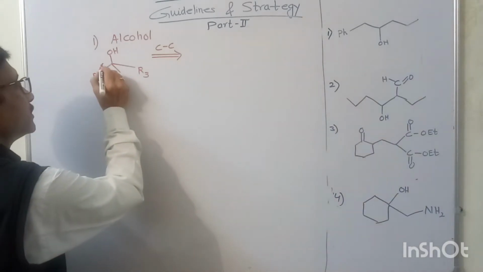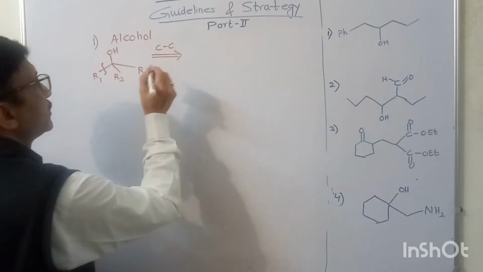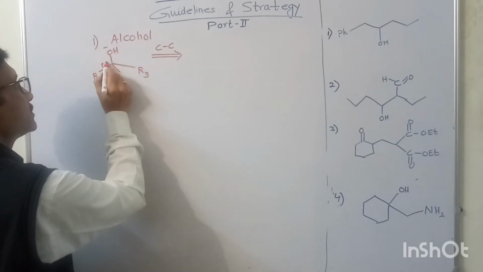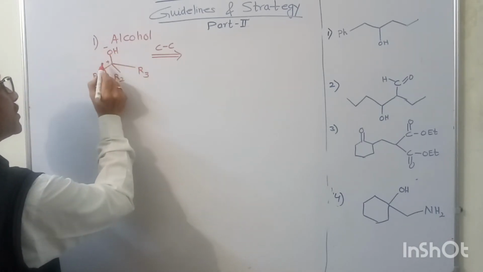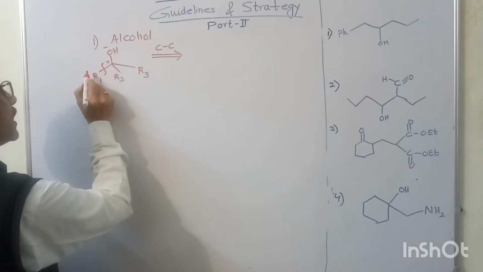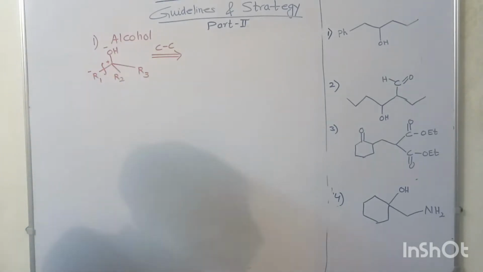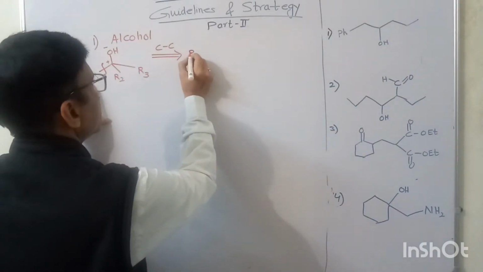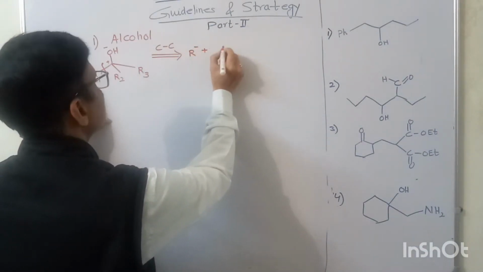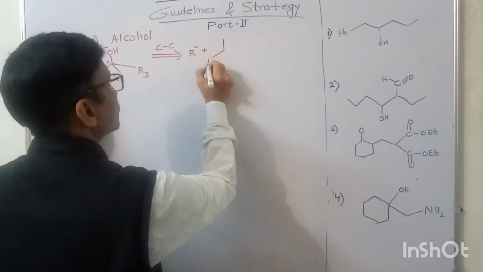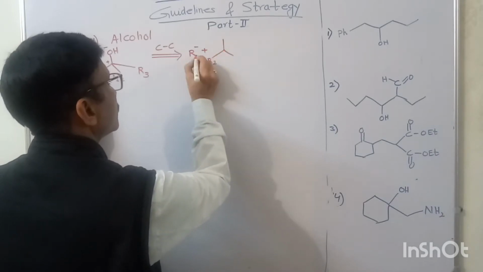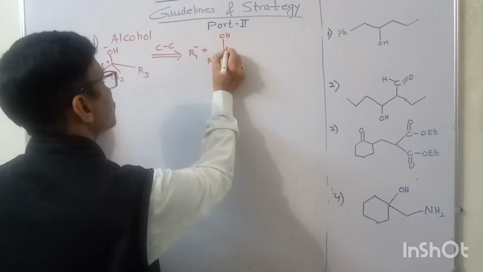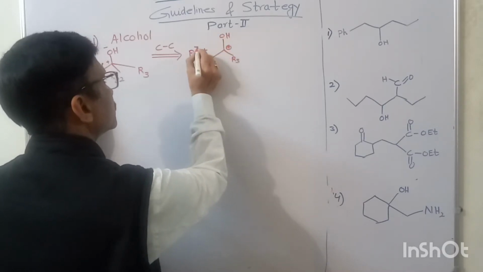Suppose you are disconnecting it from here, then you can give the polarity here. This is minus, this is plus: oxygen bears a minus charge, this carbon plus, and this one minus. So what should be the synthon? It is R minus, and plus, positive charge over here.